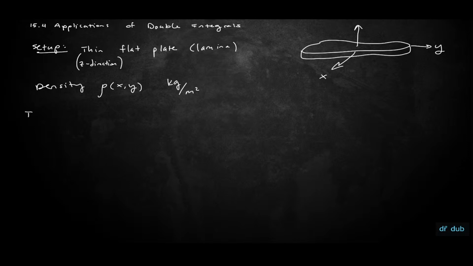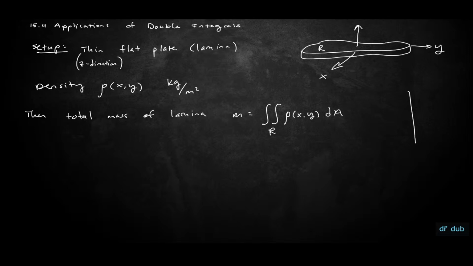So then the total mass of the lamina M would be the sum over the whole region R that is occupied by the lamina, the double integral over the region R of rho of XY dA. Think about this.